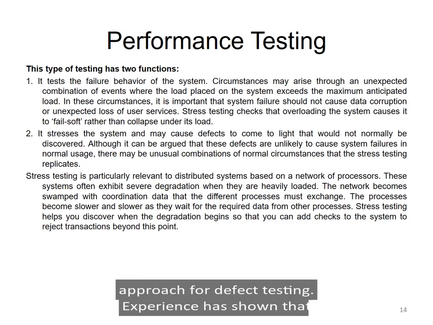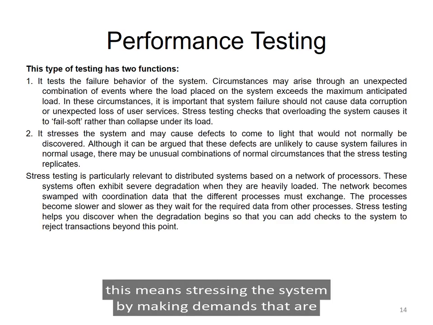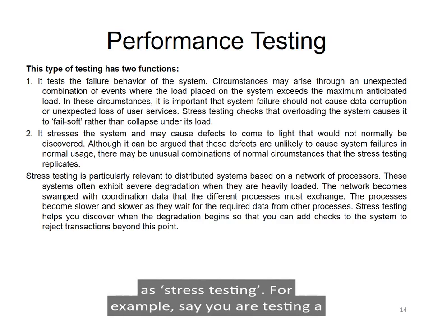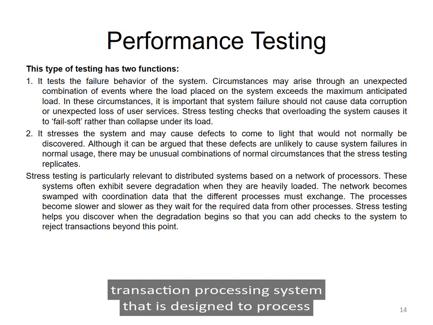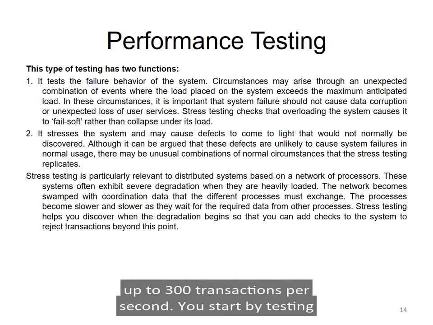Experience has shown that an effective way to discover defects is to design tests around the limits of the system. In performance testing, this means stressing the system by making demands that are outside the design limits of the software. This is known as stress testing. For example, say you are testing a transaction processing system that is designed to process up to 300 transactions per second.